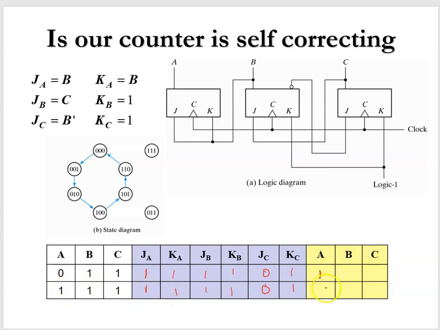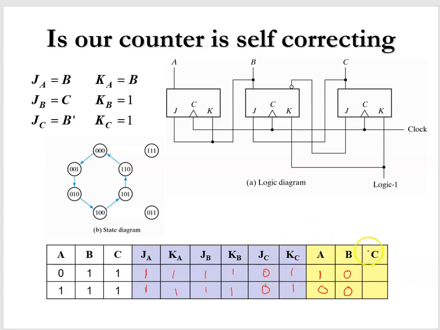It was a 1, so our next state will be a 0. For our B flip-flop, we're toggling in both state 3 and state 7. Both these present states were 1, so both will go to 0. For C, both our present states are 1, but here we're asked to reset.